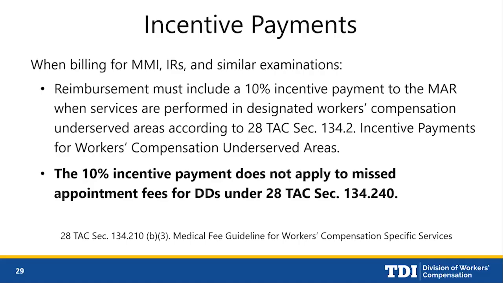So you're not adding this onto your bill, providers. The reimbursement is added by the carrier. It's important to understand, if the doctor has a missed appointment, we now have a missed appointment fee. If it's in one of these areas, you're not going to get that extra 10%. The 10% is only going to apply to MMI, IR, and other similar exam bills.